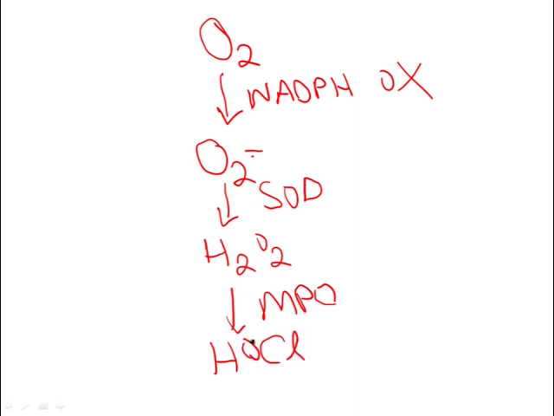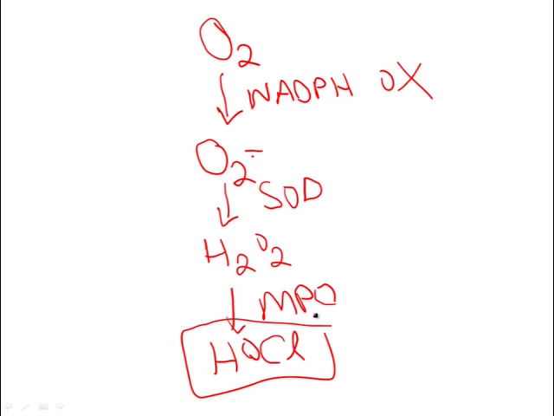HOCl is the key molecule that is then going to destroy the organism. This biochemistry is all high yield. You have to know each and every one of these reactions, and you need to understand the step-by-step generation of this final product because there are going to be diseases that apply to these different chemical reactions.